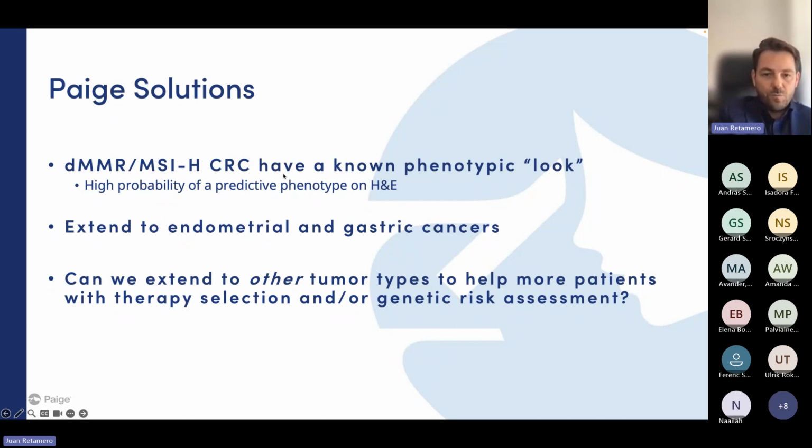In other words, they look somewhat different to tumors that are MSI stable. We know this is a fact in colorectal cancers. But the idea now is to extend this concept beyond colorectal cancers to endometrium and stomach, and eventually to all tumor types in many different locations, in order to screen a better percentage of the population for MSI high status.